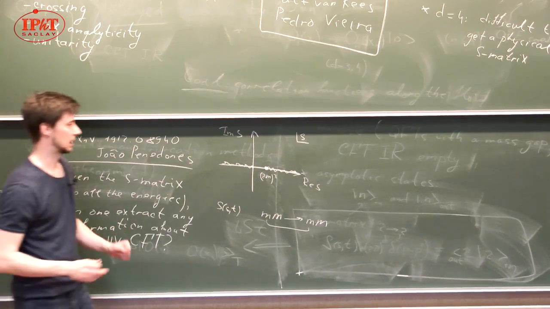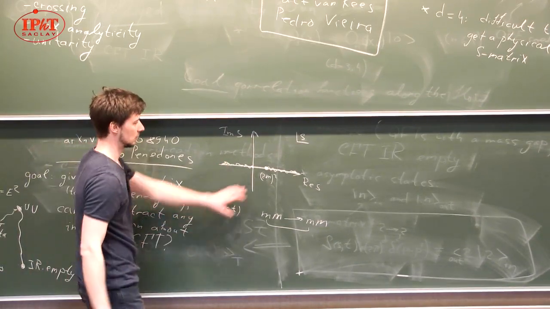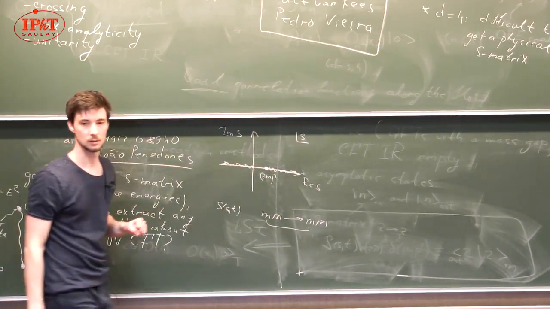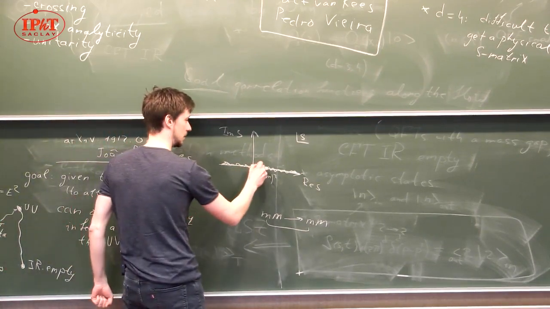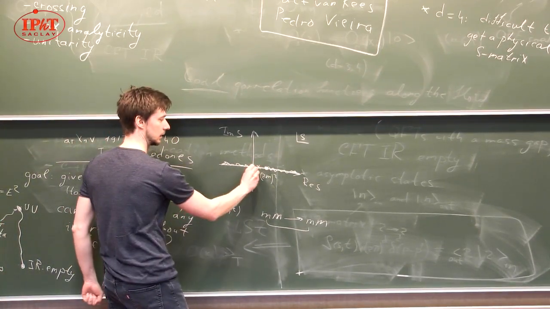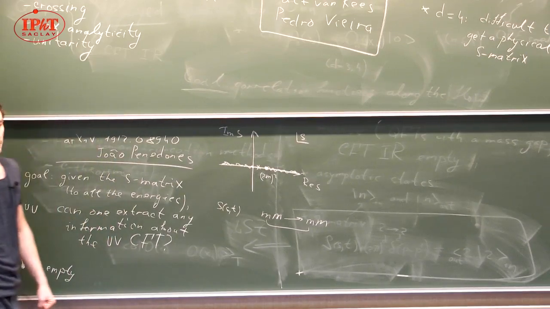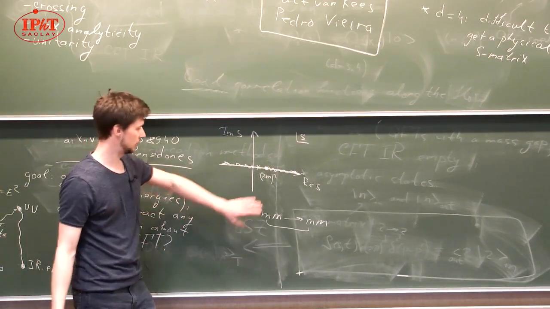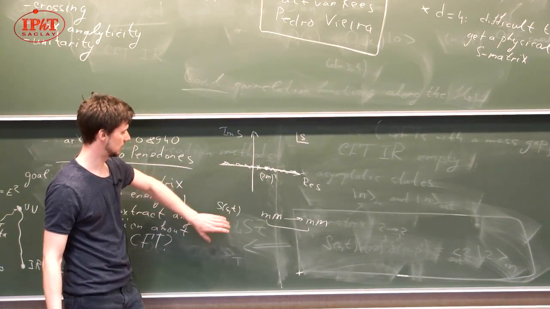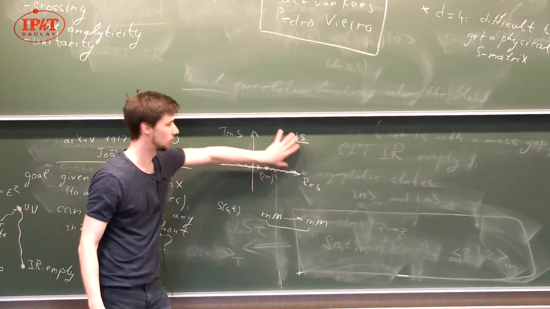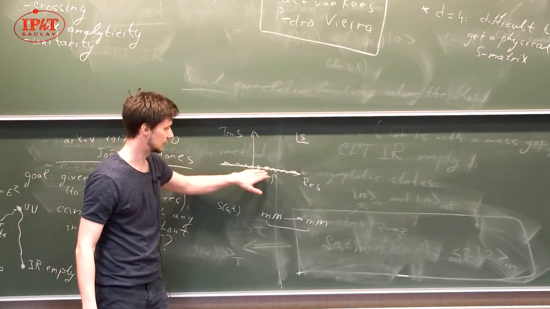This is unitarity plus crossing. You don't know anything about the rest. You also know that there might be some simple poles in this interval. And then the assumption is that you can extend this S matrix as a function of the complex variable S to the whole plane, except for these branch cuts.